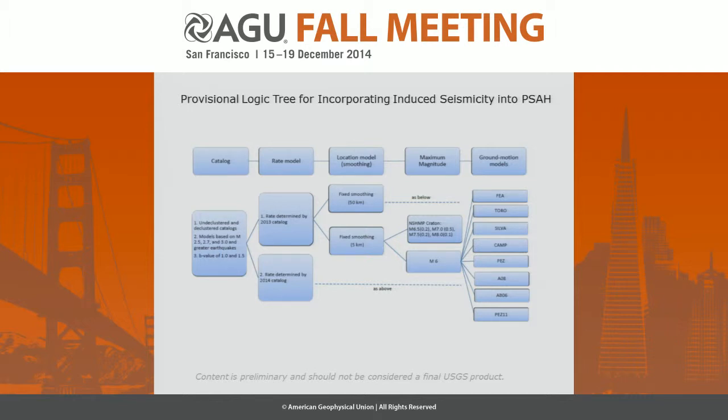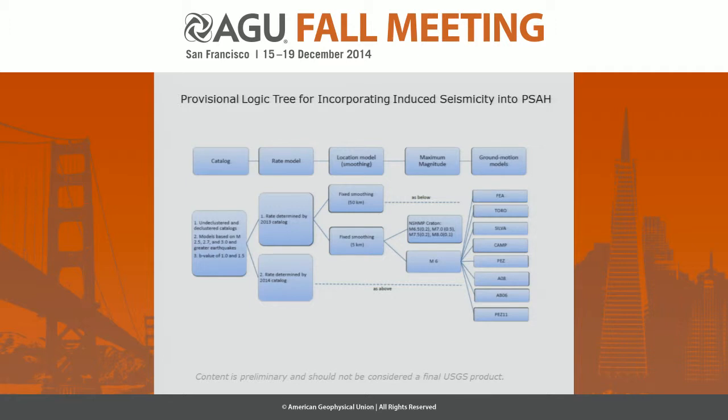We have a rate model which is also divided into looking at catalogs of different time periods. We are concerned about how to smooth the earthquakes. There can be very broad smoothing, as is typically used in the maps, or we maybe use very short distance smoothing, just 5 kilometers. We also have to consider what the maximum magnitudes may be, and we have a whole suite of ground motion models.